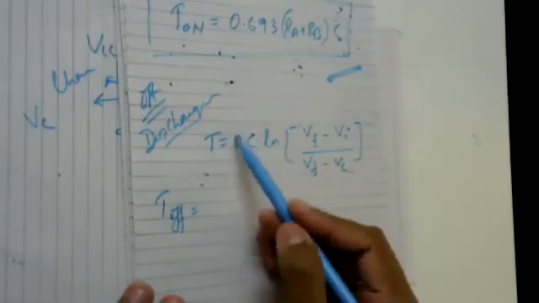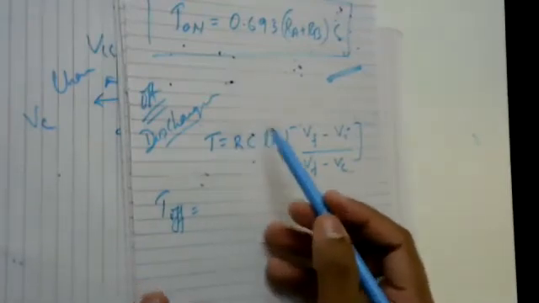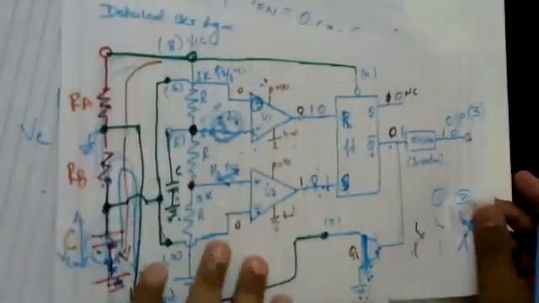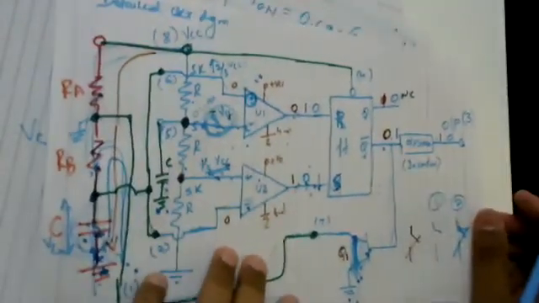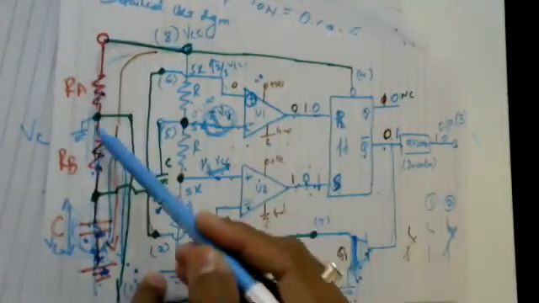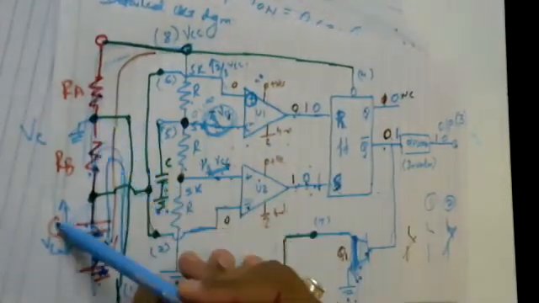In order to write it, what is the resistance involved during discharging? Go back to your circuit. You see how your capacitor is discharging, with the help of which resistance. It is discharging with the help of only RB, because this terminal will be connected to ground.